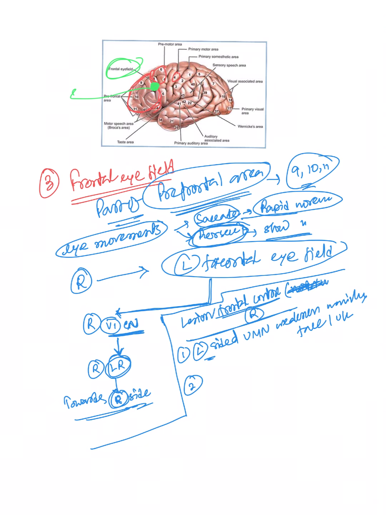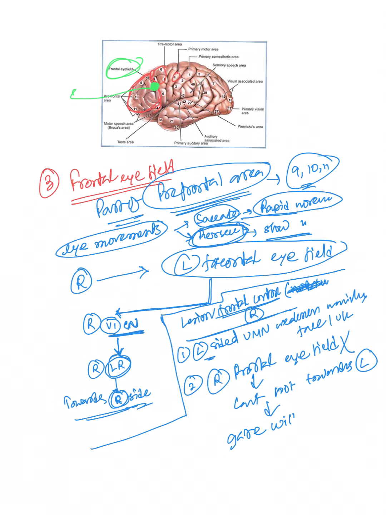The right frontal eye field helps to look towards the left side, so the patient can't look towards the left. So the gaze will be towards which side? Right side.